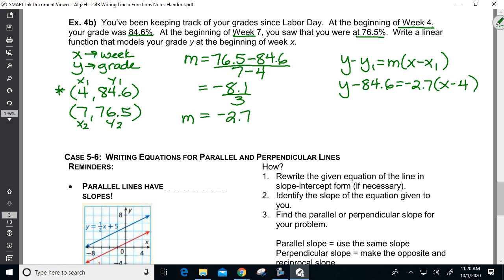Once everything is set up in 2-point slope form, then it becomes a simplification problem. At 84.6. We have 2.7x plus 95.4.